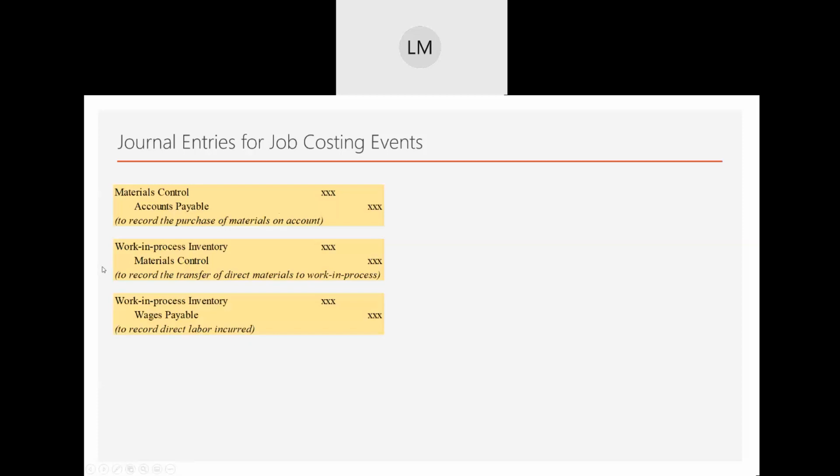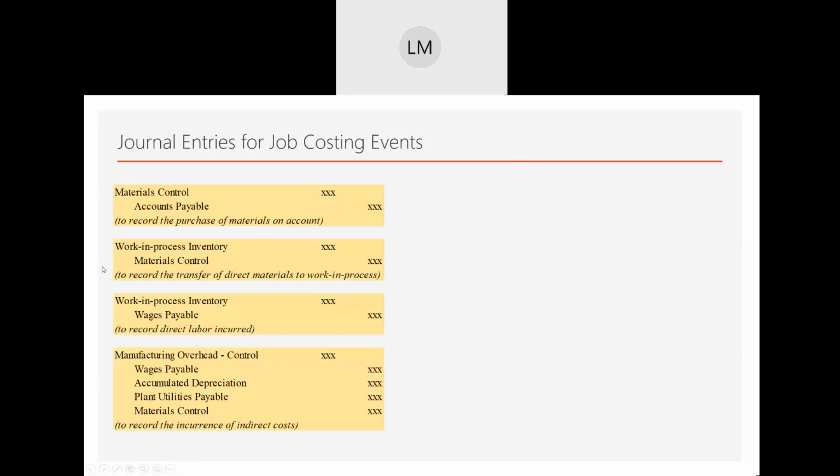Now, let's take a look at overhead here. Let's say I incur some indirect labor, some machine depreciation, plant utilities and indirect materials. What am I going to do? As I incur those costs, I'm going to debit all my indirect costs as I incur them to the manufacturing overhead control account.